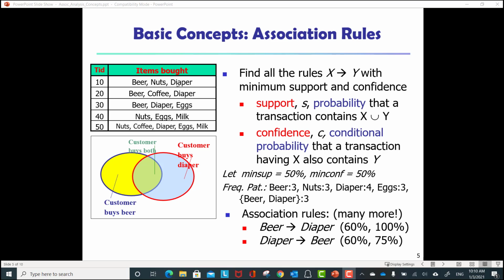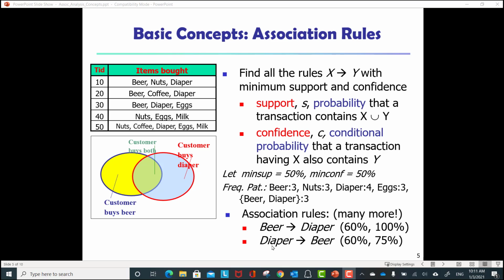How about the other way around? Diaper implies beer. Diaper, beer, diaper, beer, diaper, beer. So far 100%. When diapers are there, always the beer is also there, right? Let's continue to look at what's going on. How about diaper? When diaper happens in transaction 50, no beer. So diaper occurred 4 times, but only 3 times you see beer. Does it make sense?